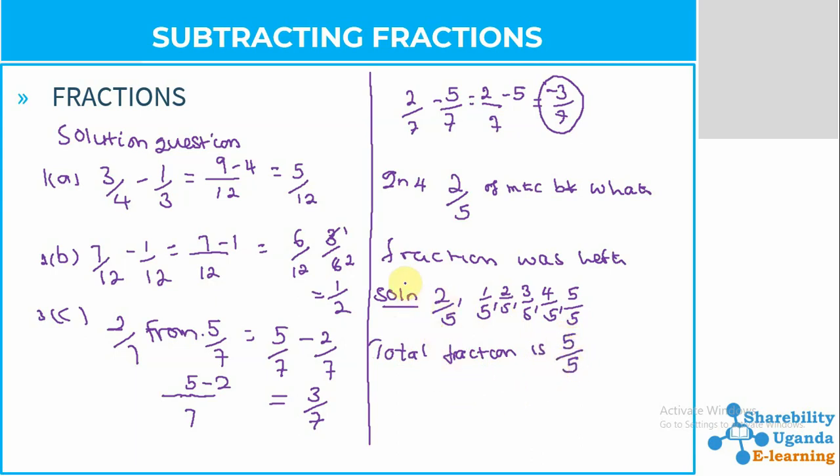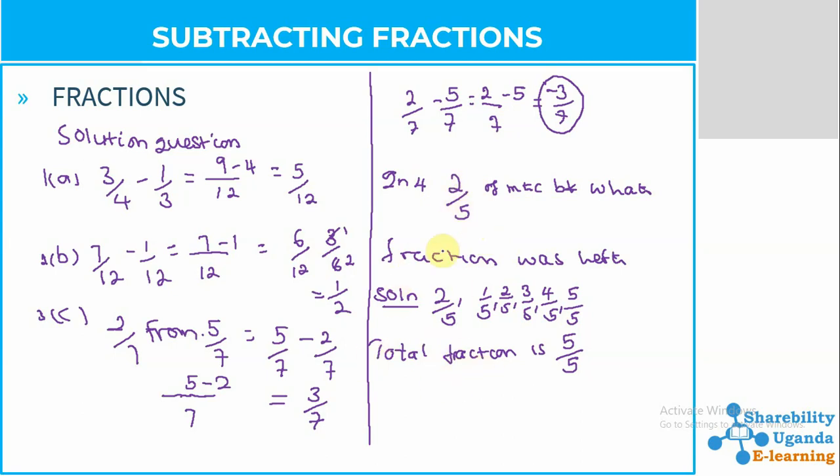So now when they tell you that they haven't given you any other fraction to subtract from, you have to know that if it is 2 out of 5, that means the total fraction of this is 5 out of 5.